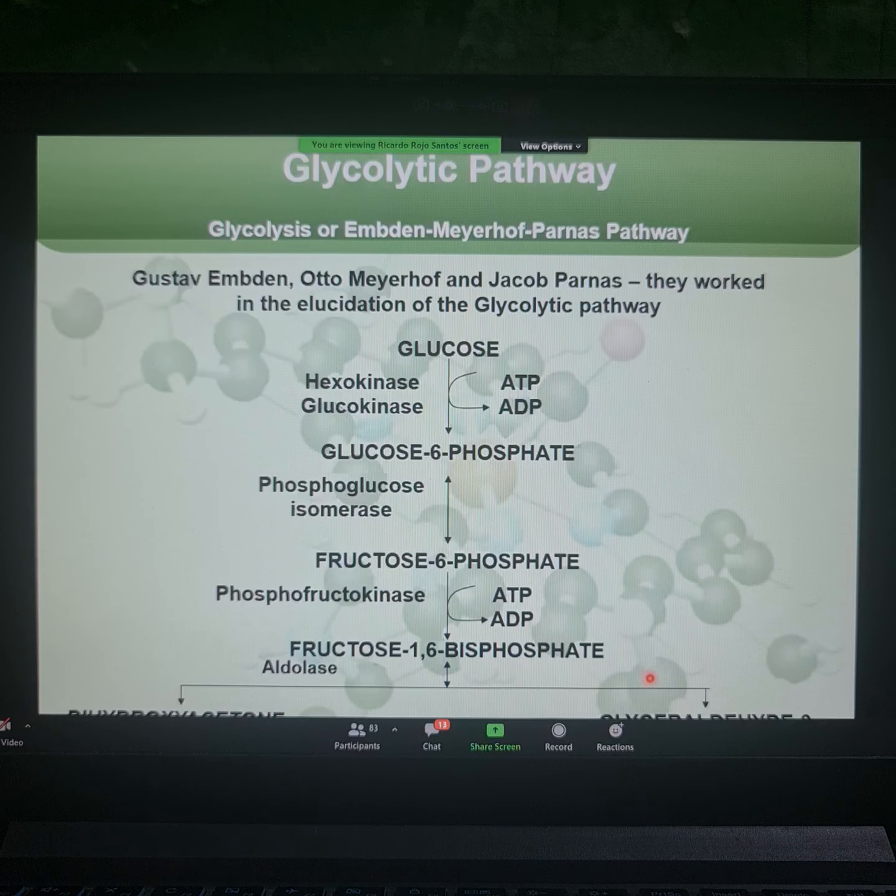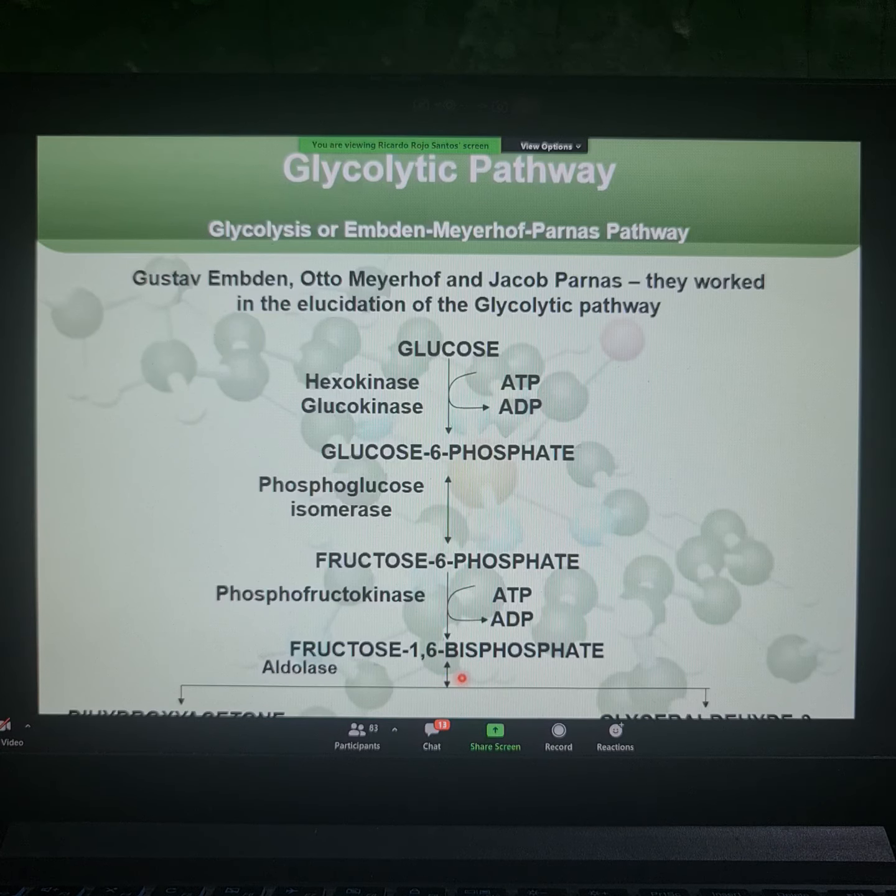And from here on, it is the energy recovery phase, wherein first, fructose is acted upon by aldolase. So fructose is split into two products, two trioses, dihydroxyacetone phosphate and glyceraldehyde 3-phosphate. And take note, okay, the reactions are reversible.